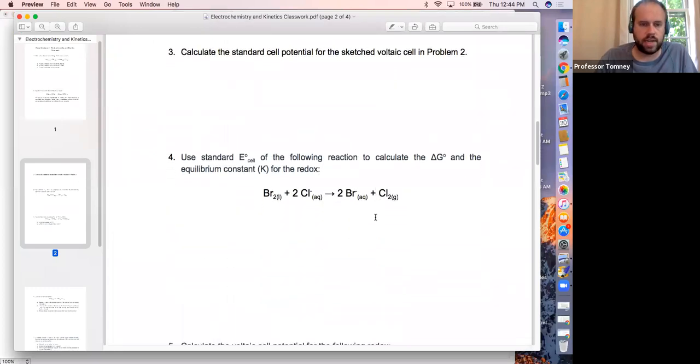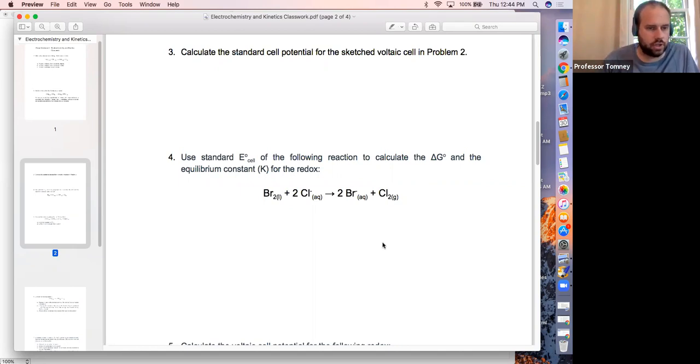So number 4 says use the standard E cell, so we're doing the same thing we just did in the previous problem, for the following reaction to calculate the delta G and the equilibrium constant for the redox. All right, so there's a couple of ways that you could approach this because there's multiple equations that tie in together. So the way that I'm going to approach this is I'm going to calculate delta G after I find the E cell.